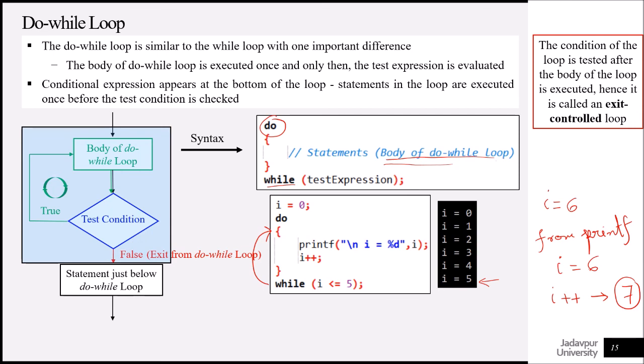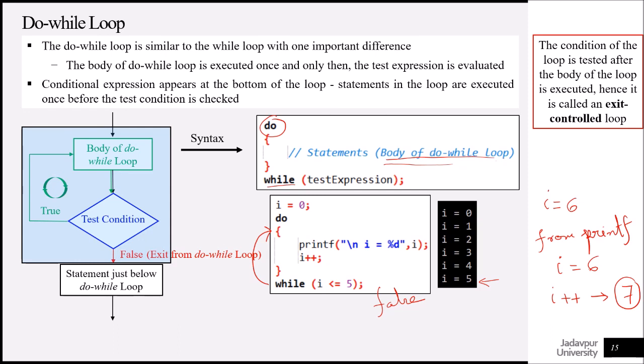When it comes to the test expression, 7 is obviously not less than or equal to 5. So this gives a false answer. So it becomes false and it moves out of the loop. So at the first condition checking, we have the false answer.